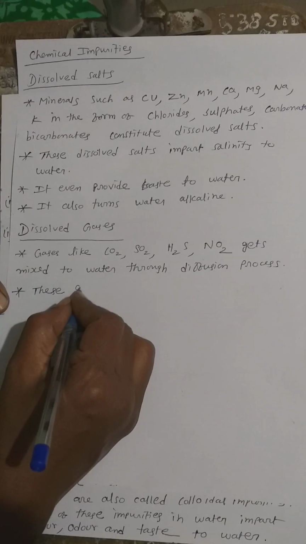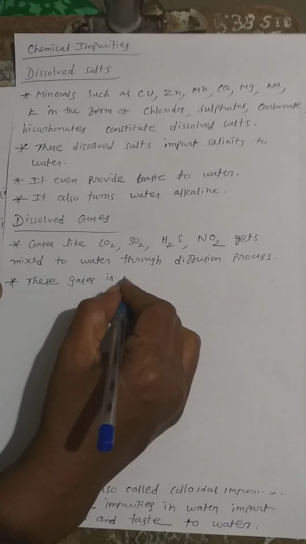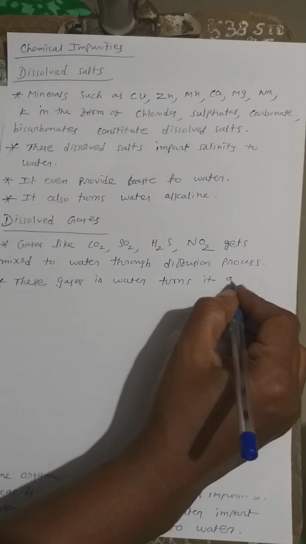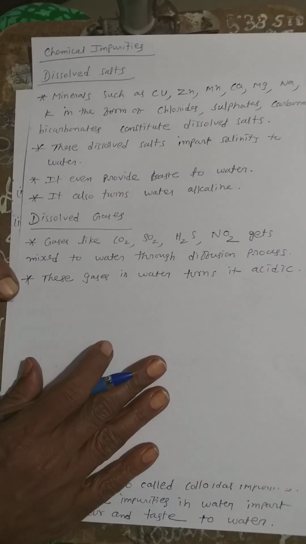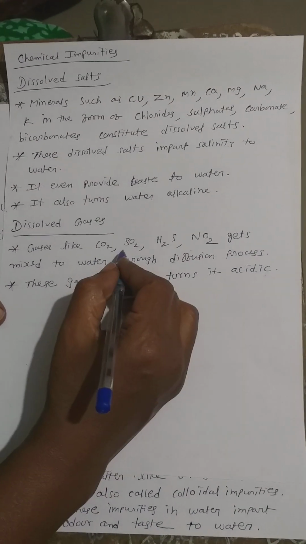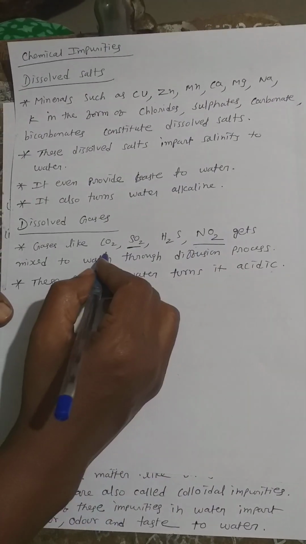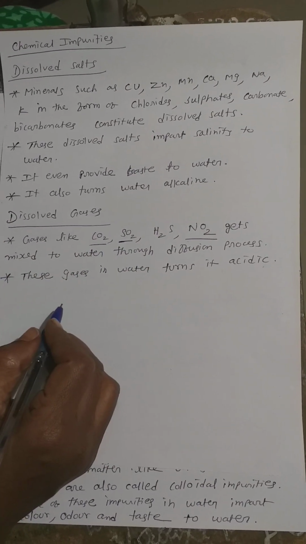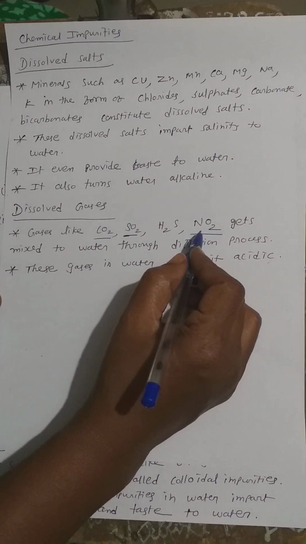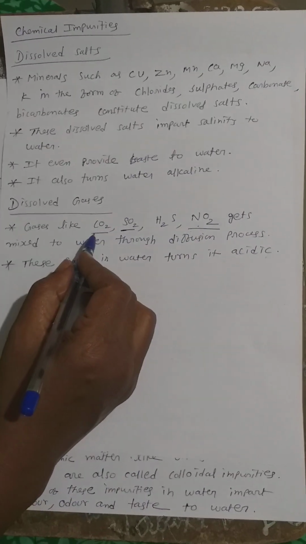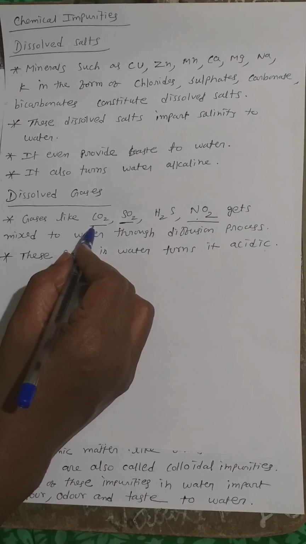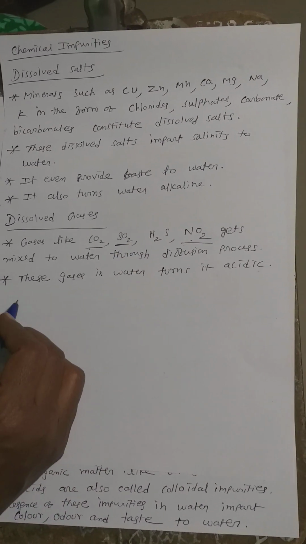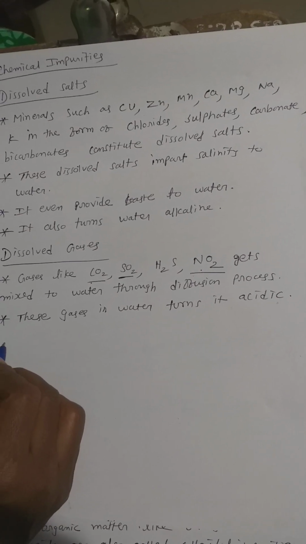These gases in water turn it acidic. The acidic nature of water is simply because of these three gases: sulfur dioxide, nitrogen dioxide, and carbon dioxide. Sulfur dioxide in water produces sulfuric acid, nitrogen dioxide in water produces nitric acid, carbon dioxide in water produces carbonic acid. So acidic nature of water is decided by these gases which are there in dissolved condition.